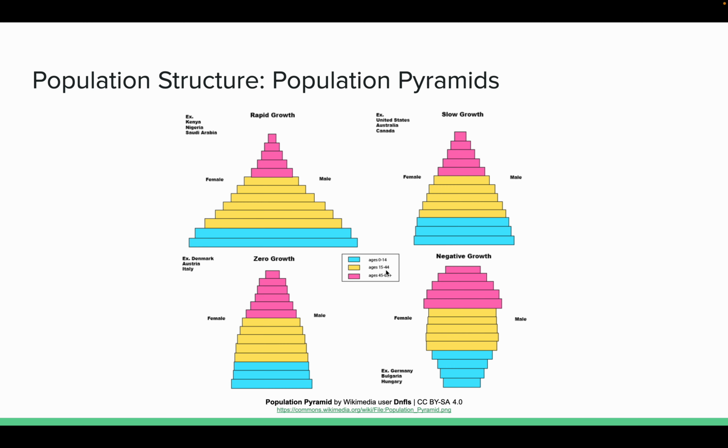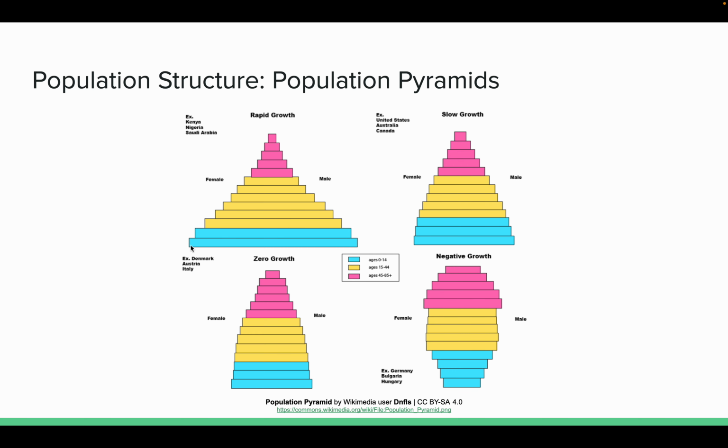And also additionally, I'm just pointing out that the yellow coloration in the middle, that's indicating the kind of reproductive age of individuals. So the yellow part is reproductive, below that is young, and then elderly above that.